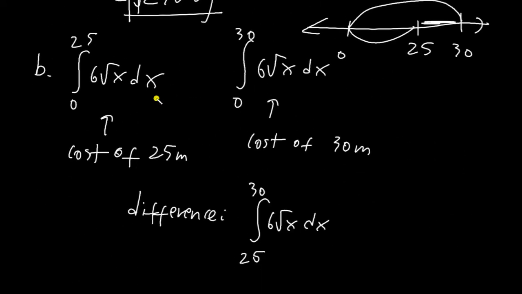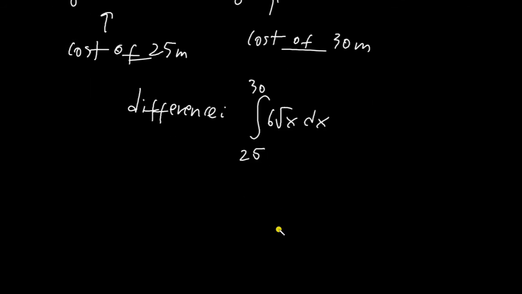Well, it's simply the difference in cost between a 25-meter cable and a 30-meter cable. So for your answer, you'd say the integral represents the difference in cost, in dollars, of producing a 30-meter cable and a 25-meter cable. That was a simple 1-point question.